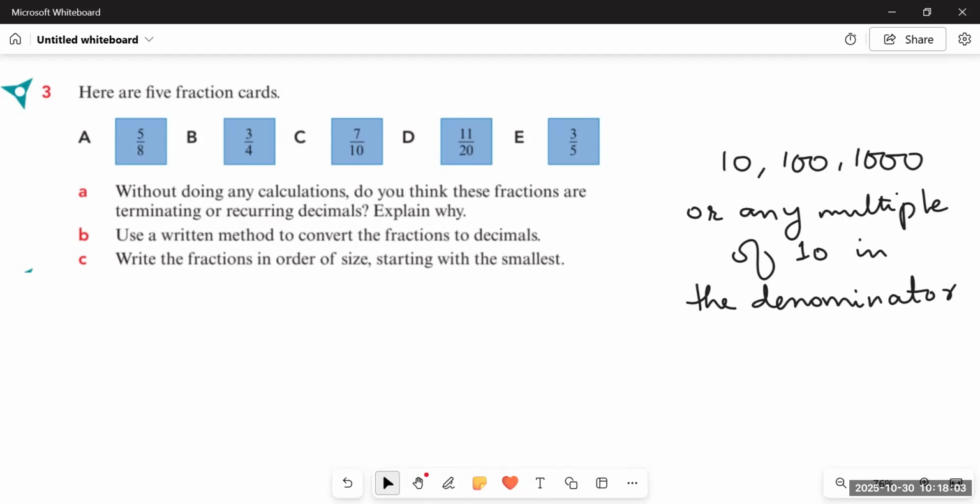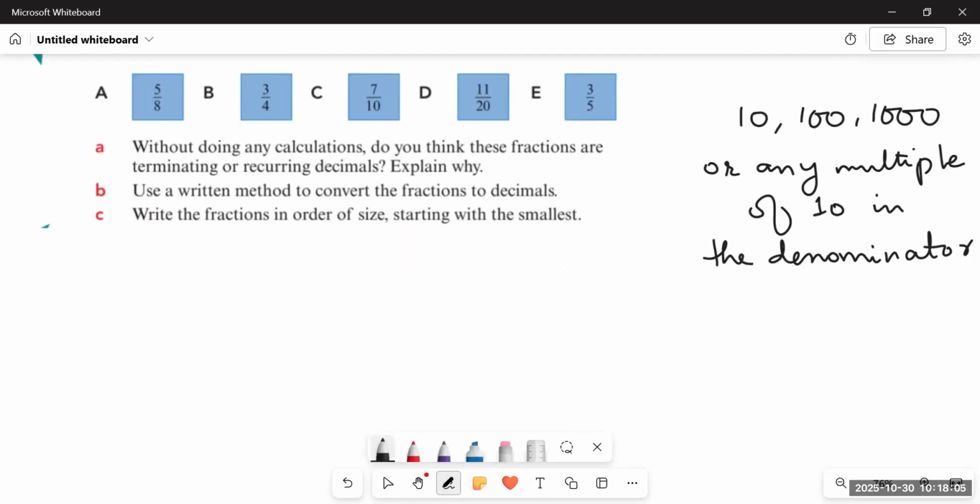So if you look at 8, 8 is not a factor of 10 or 100, but it's a factor of 1000. 8 multiplied by 125 becomes 1000, right? So the number that could be turned into any of the multiples of 10, or their factors, if we have any such number in the denominator, then the fraction would be terminating.